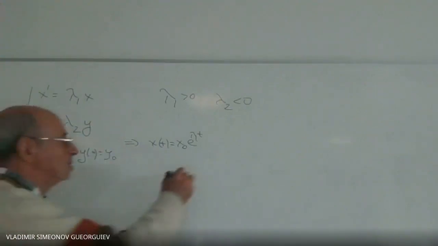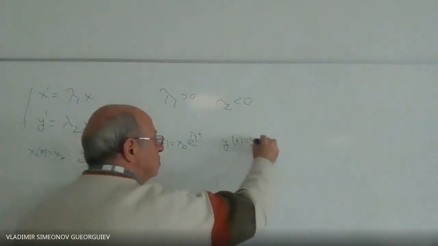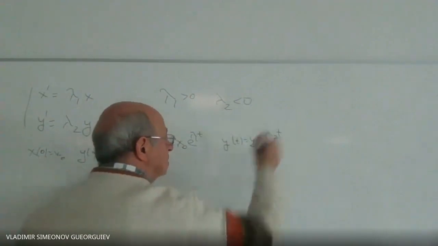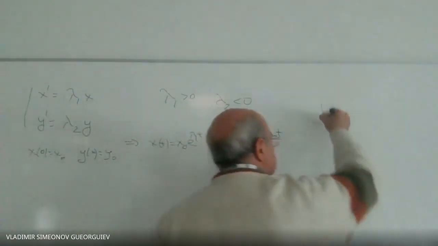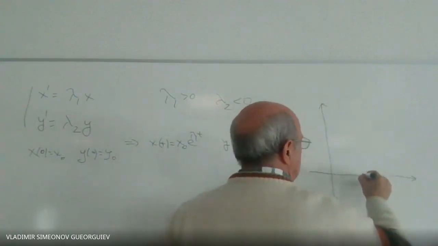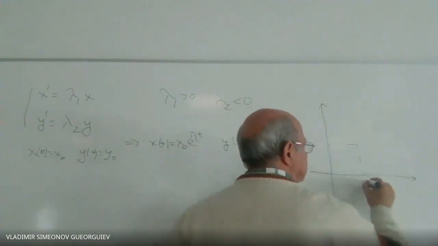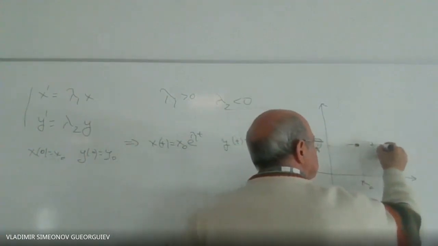Epsilon(t) shall be epsilon 0 e to the power of lambda 2 t. And now we can build roughly the picture. Of course, the first point is x0, epsilon 0. This is the point t equals 0.